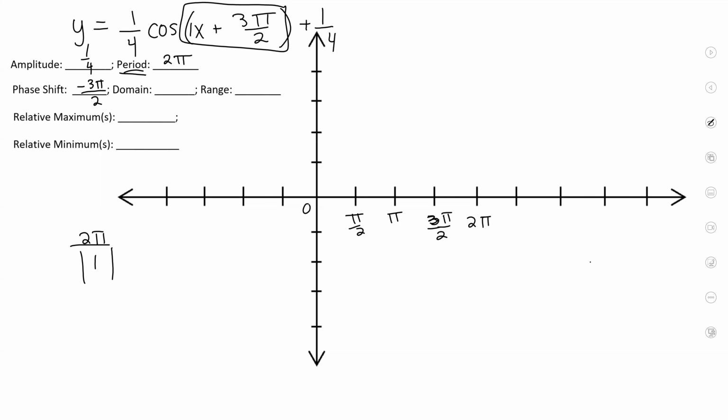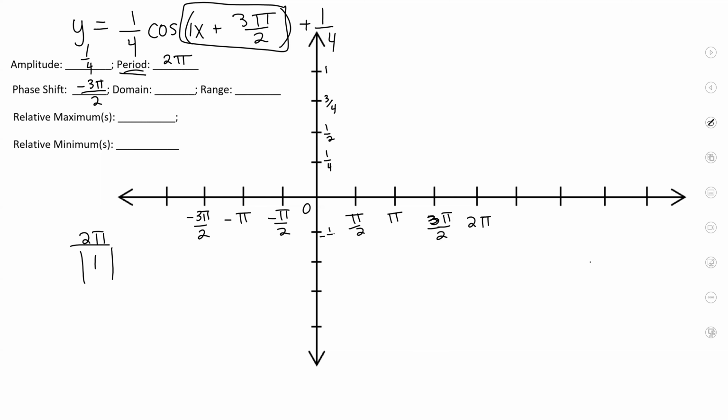I know I'm going to have to shift to the left, so I'm going to copy this down, -3π/2. Instead of starting right here for cosine, I'm going to make this 1/4, 1/2, 3/4, and 1.